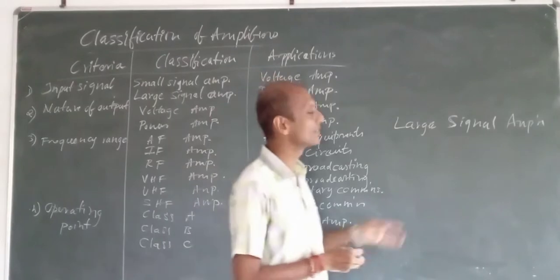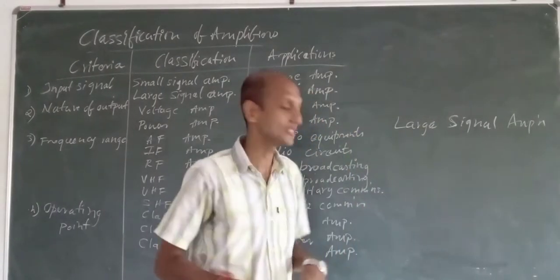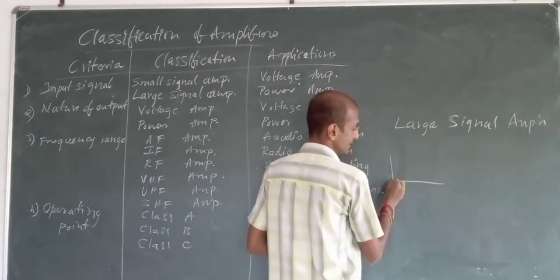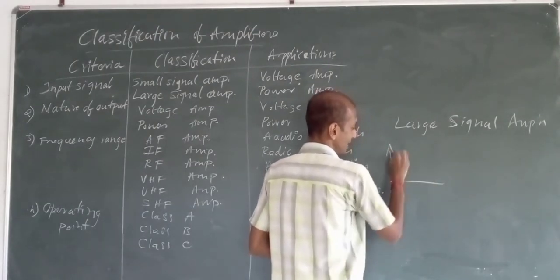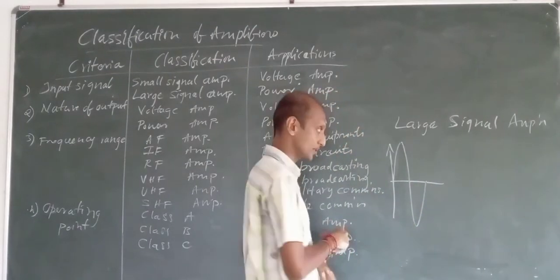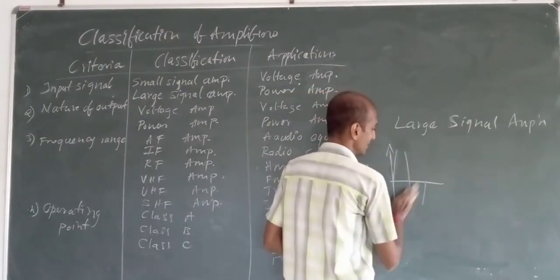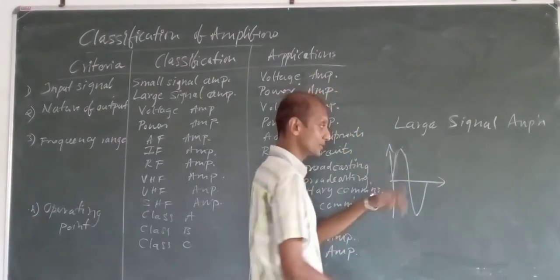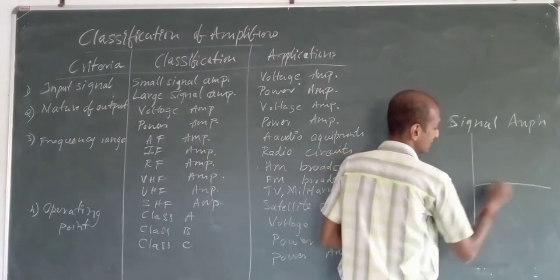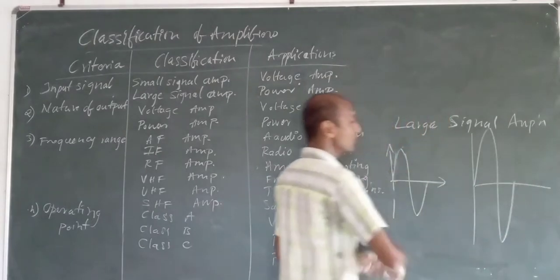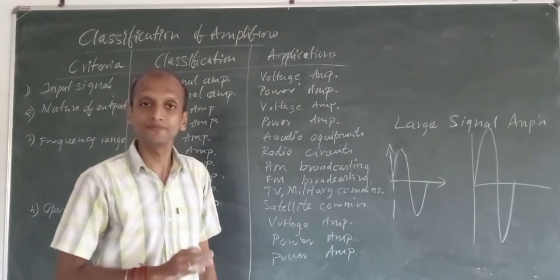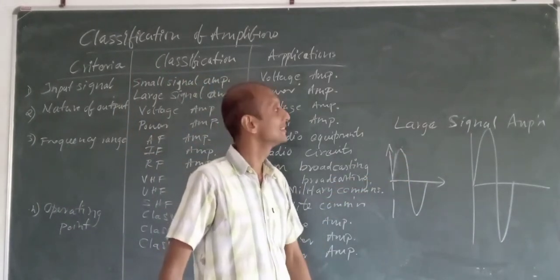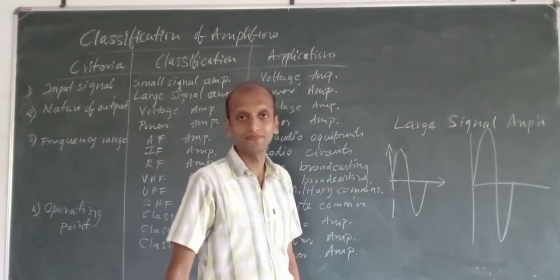Such amplification is what is called large signal amplification. So I am giving a signal of large strength at the input, and that will give me an output signal of still larger amplitude.